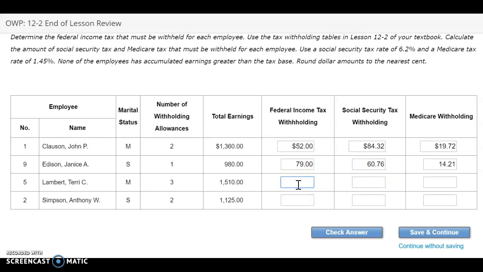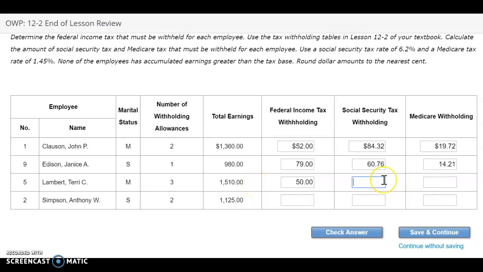Then I'm going to move on to Terry Lambert, and Terry is married, so I'm going to find the married chart. Total earnings are $1,510, so if I'm looking through, that falls in the at least $1,500 but less than $1,520, so I'm going to find that column. Then I'm going to move over and find three withholdings, and that's going to give me $50 of withholdings.